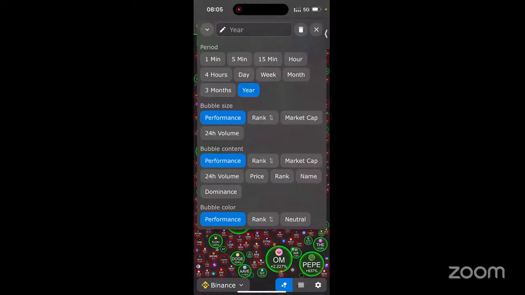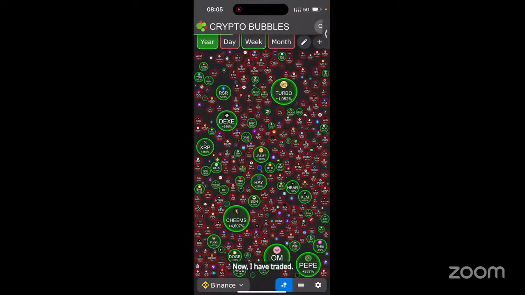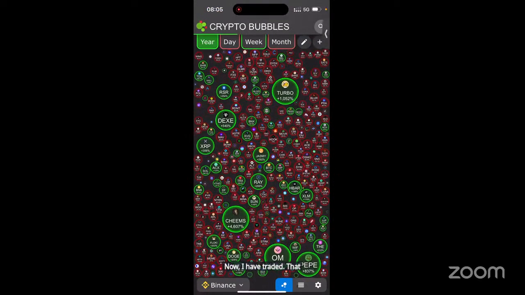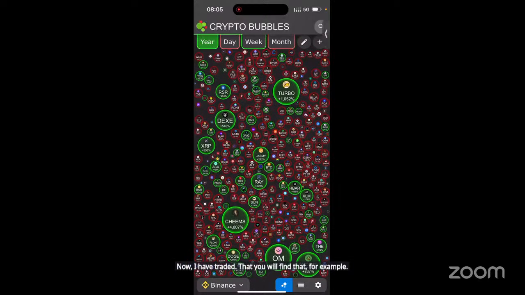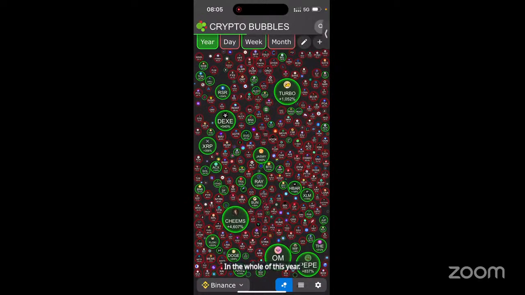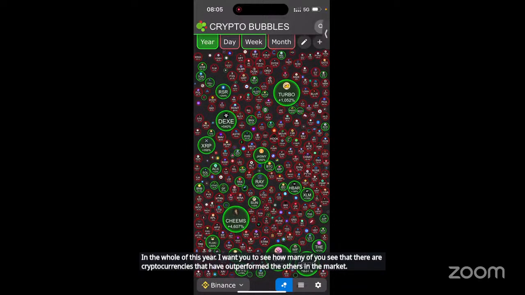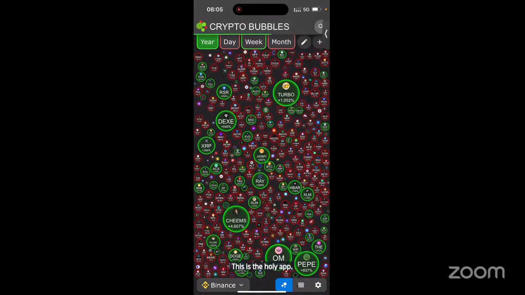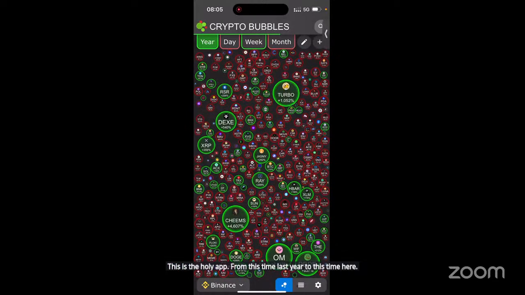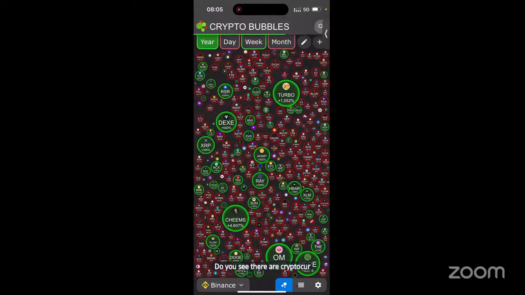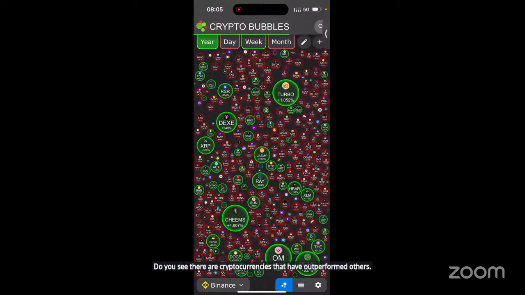Now, I have said it several times that you will find, for example, in the whole of this year, I want you to see how many of you see that there are cryptocurrencies that have outperformed others in the market. This is the whole year, from this time last year to this time here. Do you see? There are cryptocurrencies that have outperformed others.